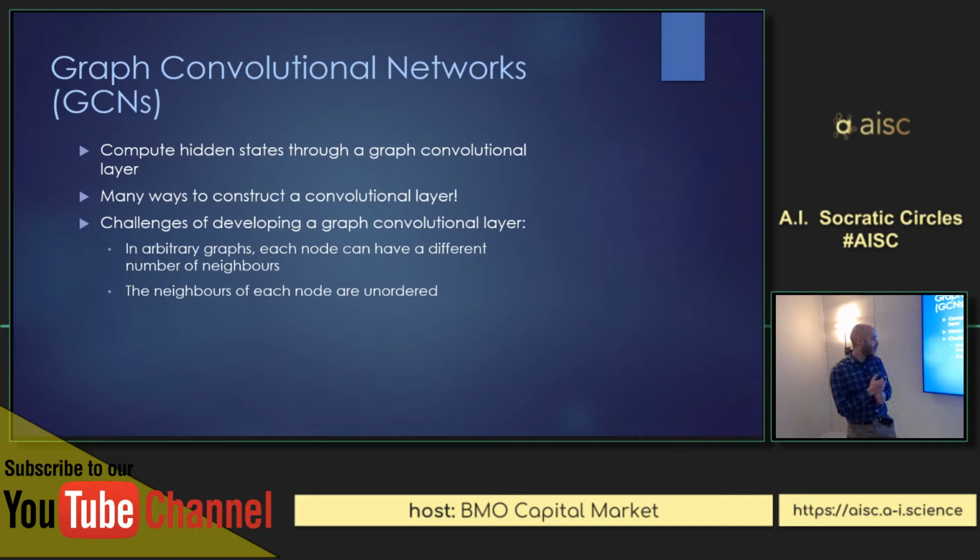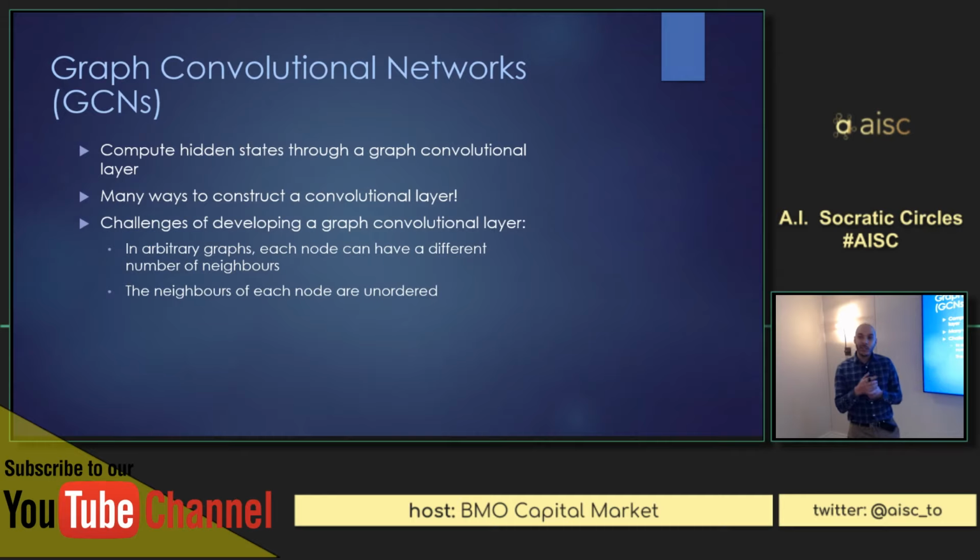Some challenges that you have to think about is that in an arbitrary graph, for each node, you can have an arbitrary number of neighboring nodes, right? Some may have 5, some may have 7, some may have 10. So you can't just fix a filter size and apply it.